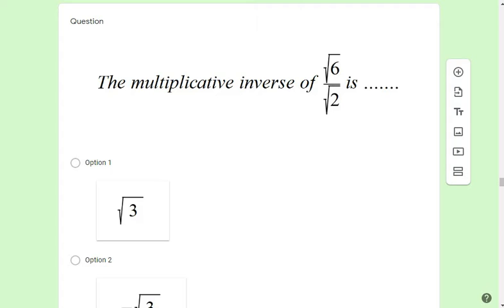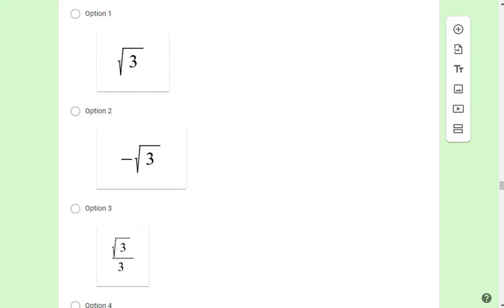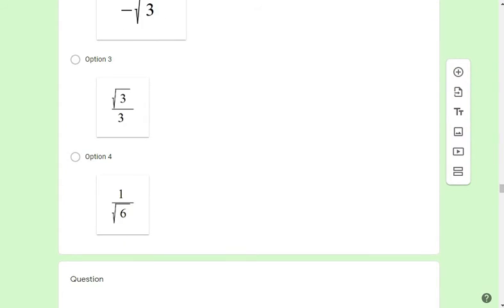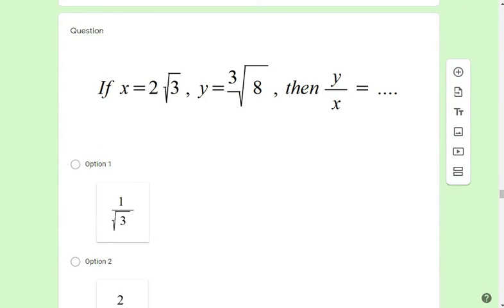Choose one of the following answers: square root 3, negative square root 3, square root 3 over 3, or 1 over square root 6.